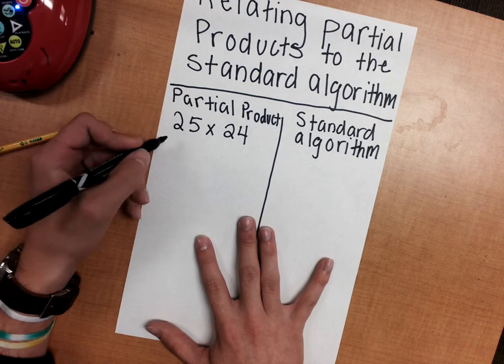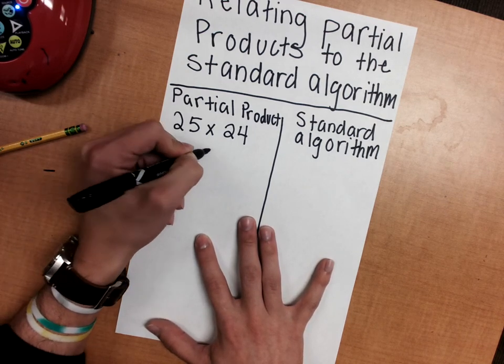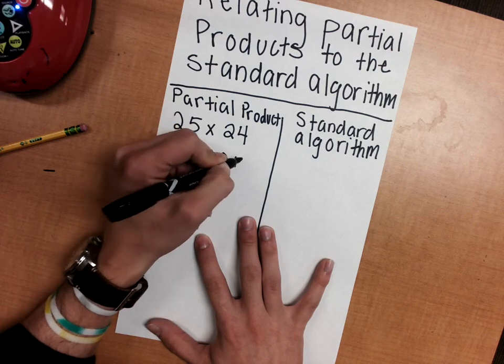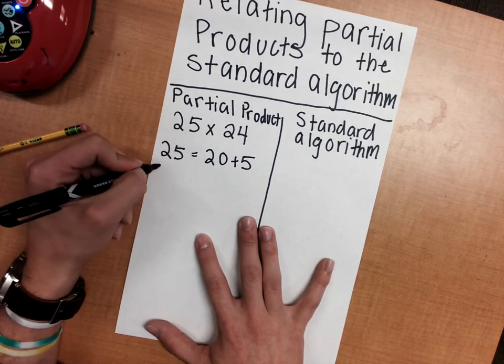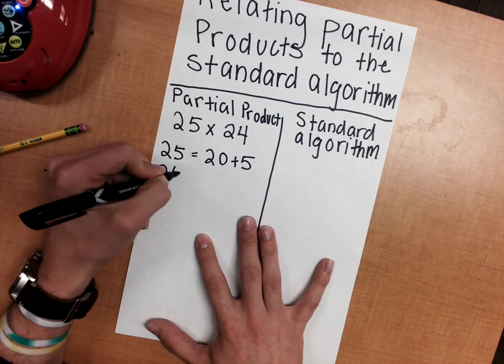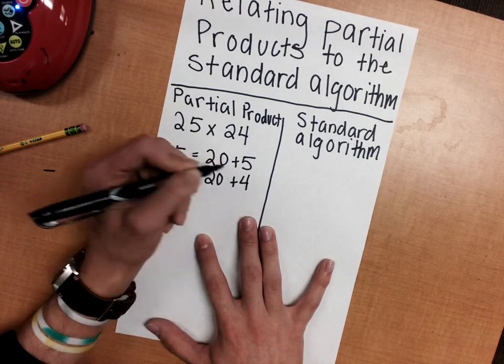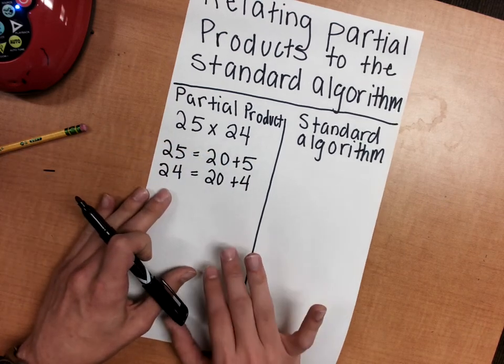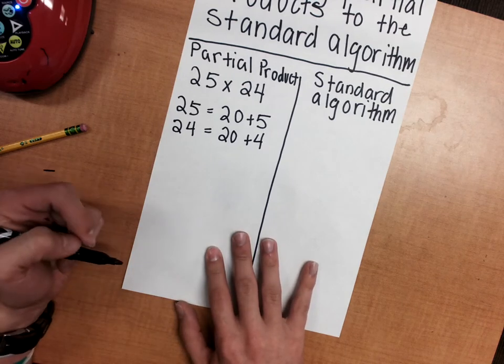And 25 in expanded form is 20 plus 5, and 24 in expanded form is 20 plus 4.